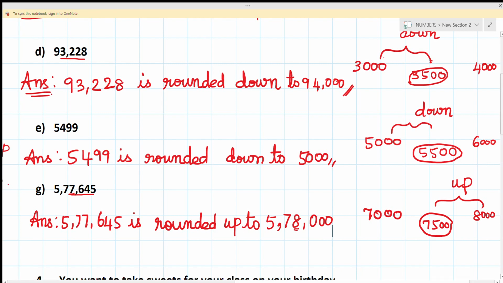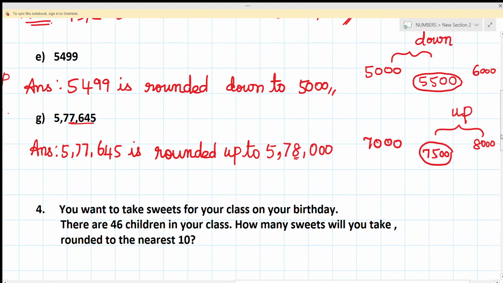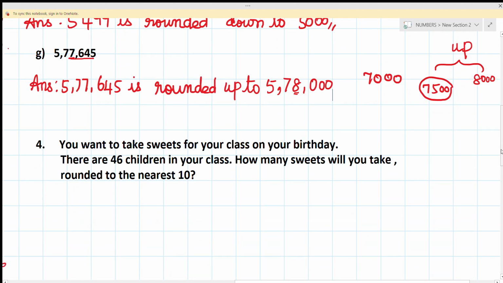It's like a word problem. Just you are going to do it as a word problem. First we'll read out the question. You want to take sweets for your class on your birthday. There are 46 children in your class. How many sweets will you take rounded to the nearest 10?